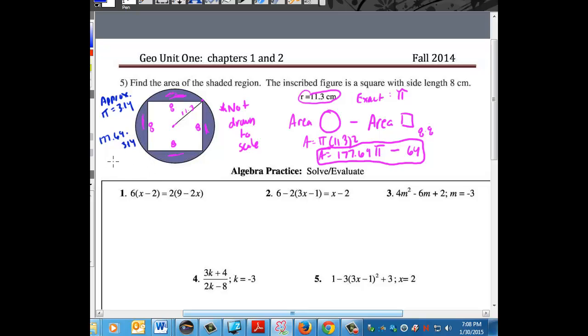When we do that, we get 400.95 and then minus the area of our square, which was 64, which would give us a grand total of 336.95 centimeters squared. And so our approximate answer probably makes more sense to us because we know that it's 336.95, almost 337.